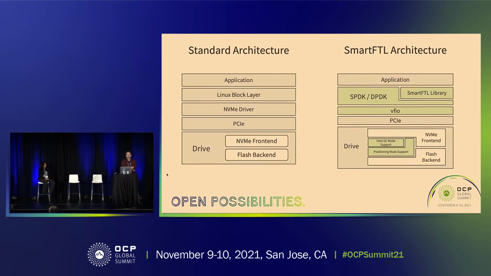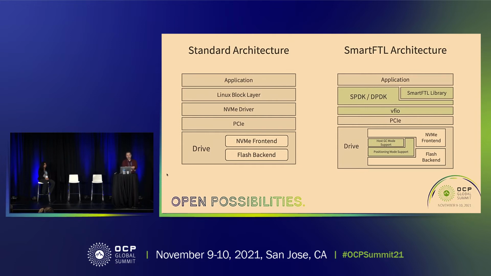At a very high level, the stack at Google that we're working on here: on the left-hand side, you just have the standard Linux block device stack and NVMe driver with a drive. On the right is what we are envisioning here. We use SR-IOV with VFIO, so we're not going through the block device stack in Linux.